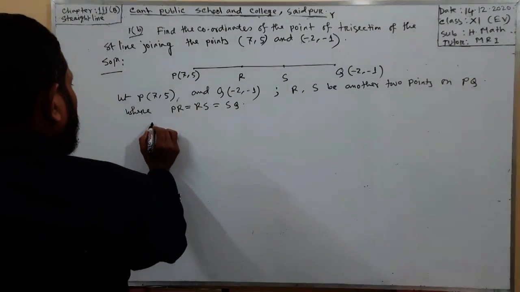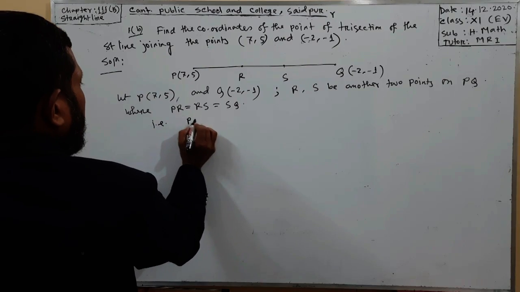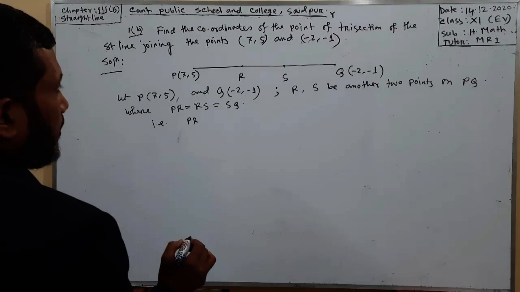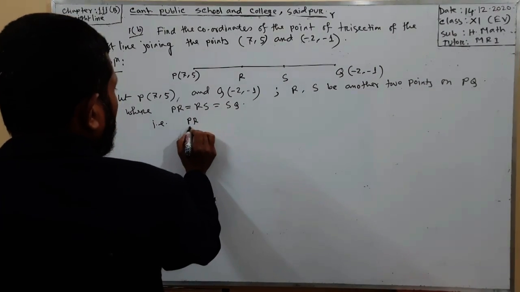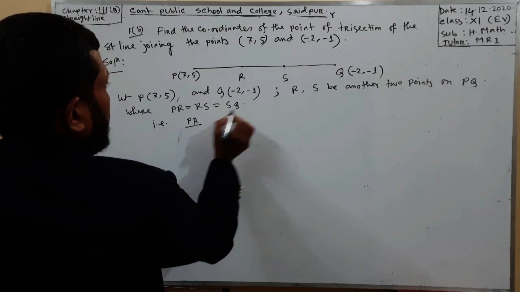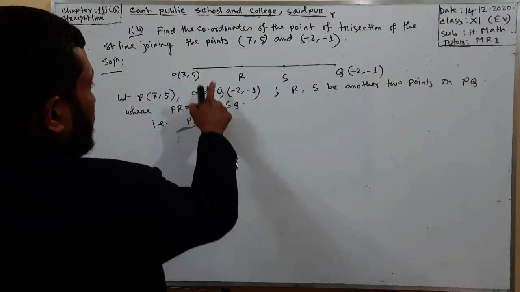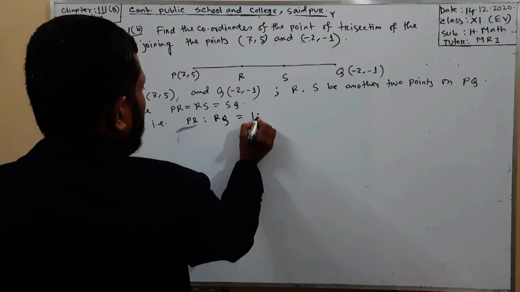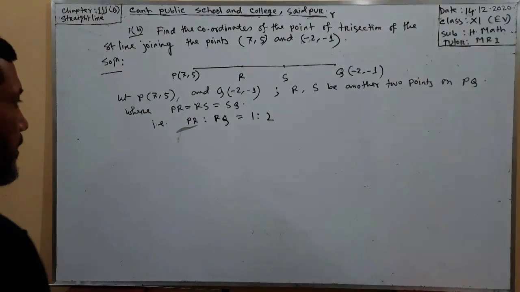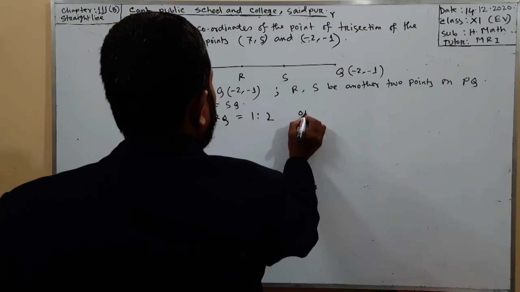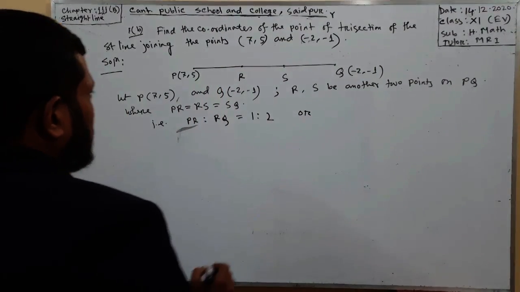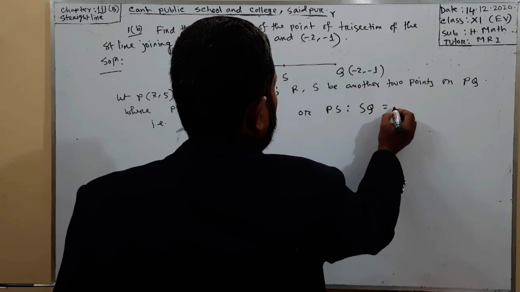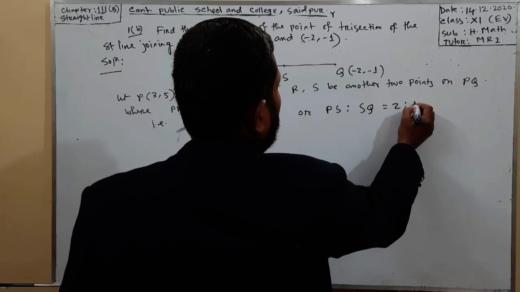That is, here PR and RQ will be in the ratio 1:2, or PS and SQ will be 2:1.